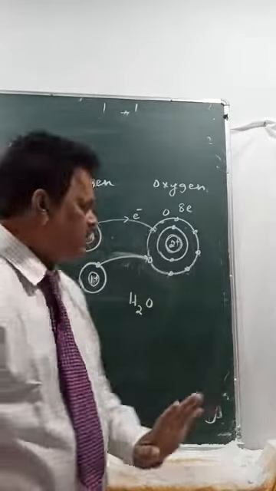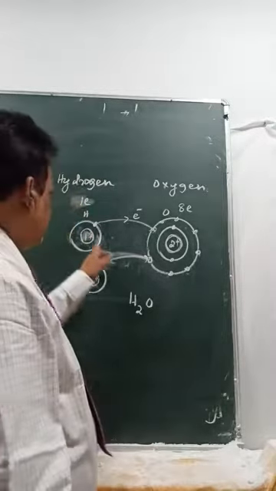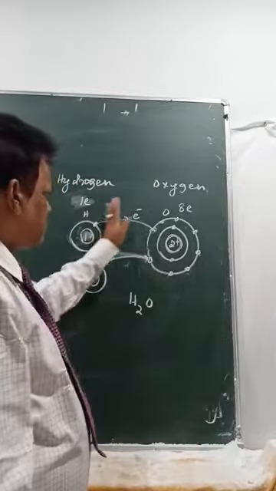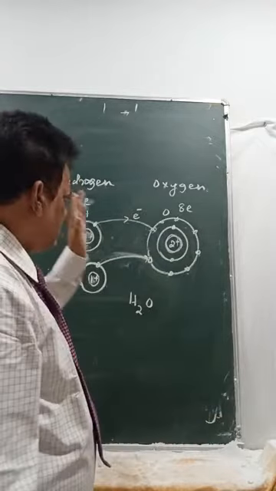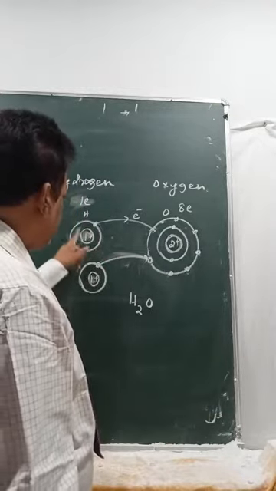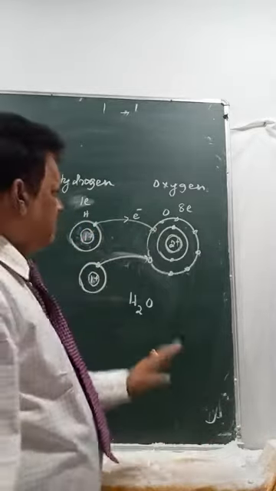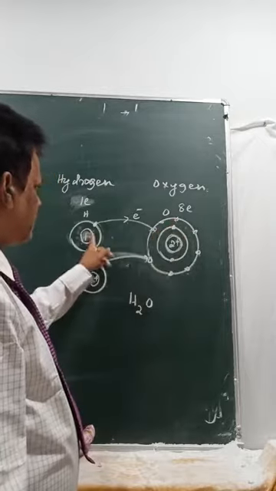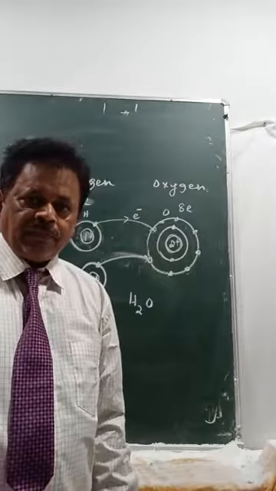So what you study here is the first point: there is a transfer of electrons. Electrons can be transferred from one place to another. We transfer the electrons from a place with fewer electrons to more electrons, because it is difficult to take out electrons from oxygen, but it is easy to take out the electron from hydrogen to oxygen. This is the point.